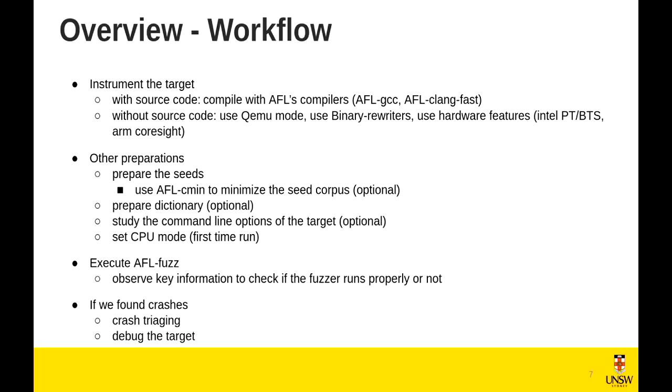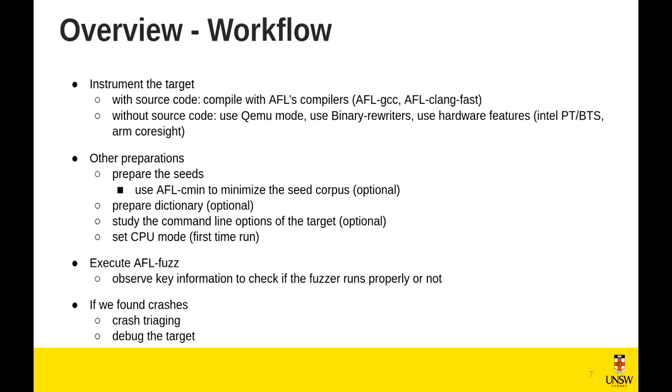And if we could find crashes, first we need to do crash triaging, which I'll show you with an example when we do the practice. Many of the crashes are actually linked with the same bug. So one bug could cause multiple crashes.